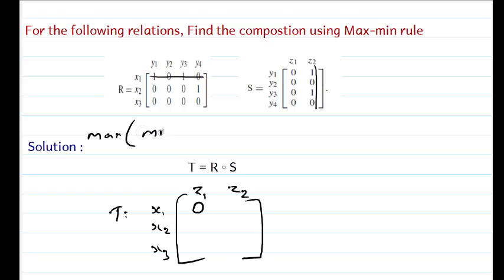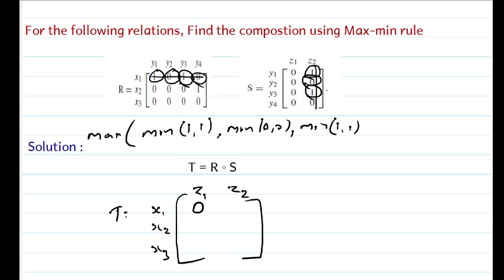So again, min of first element 1 and first element 1, then min of the second elements, then min of the third ones, and finally min of 0 and 0. The min of 1 and 1 is 1 itself, and here we have 0, here we have 1, here we have 0. Now we have to take the max of these 4. Because 1 is the maximum, we write 1 here.